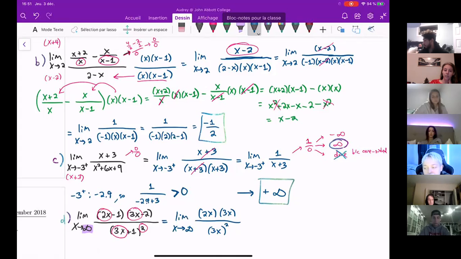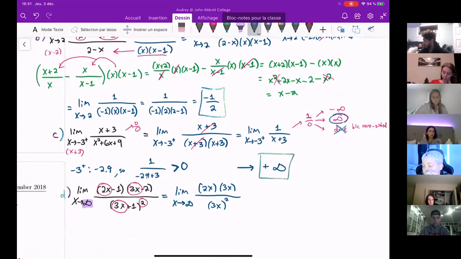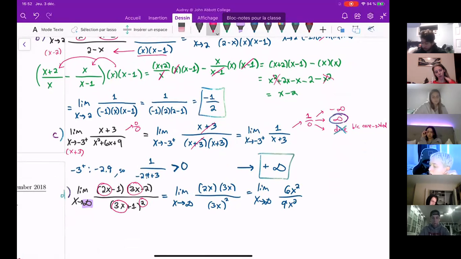You got it. So that's going to be 9x squared. So limit as x goes to infinity, this becomes 6x squared over 9x squared. And then can I cancel out those x squareds? Yep, and then you get 2 over 3. So then I have that equals 6 over 9, which is 2 over 3.